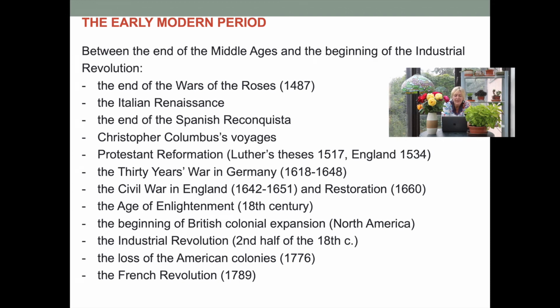So whatever happened between the end of the Wars of the Roses, when the Tudor dynasty comes to the throne with King Henry VII, the father of the famous Henry VIII, and the Industrial Revolution and what followed, the loss of American colonies in 1776, the French Revolution in 1789.